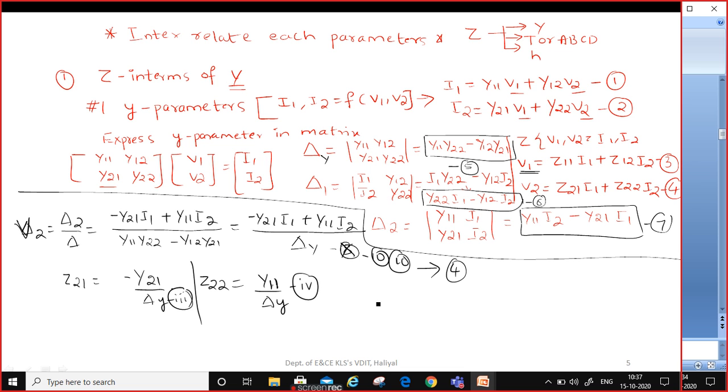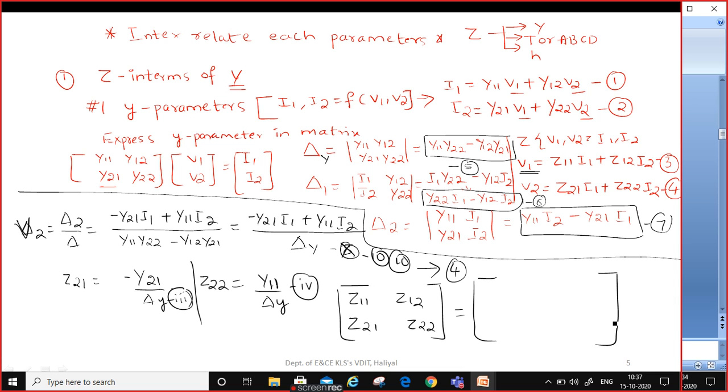So overall, if you look into the entire expressions, what we have done is we have expressed Z11, Z12, Z21 and Z22 in terms of Y parameters. For each of the parameters, we have got the definitions.